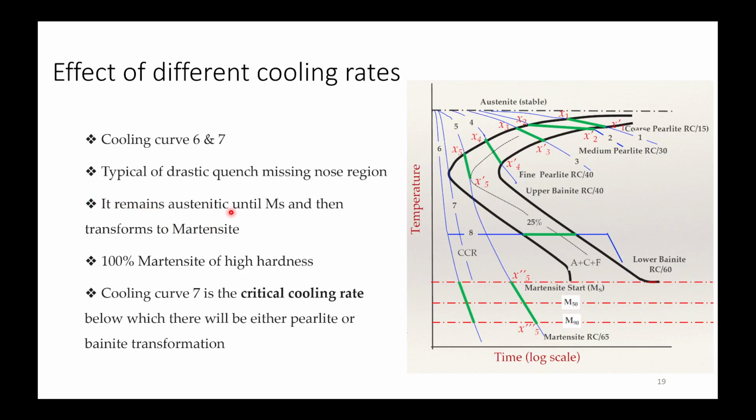So it remains austenitic until MS and then transforms to martensite. It has 100% martensite, which has very high hardness. The cooling curve 7 is the critical cooling rate, below which there will be either pearlite or bainite transformation.